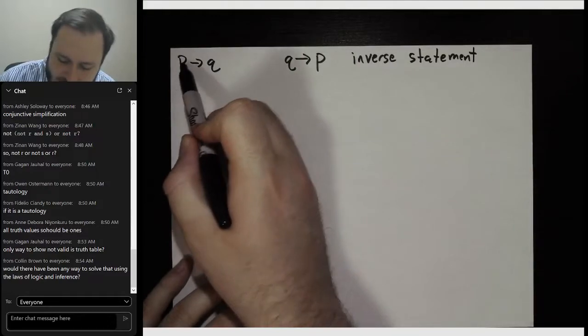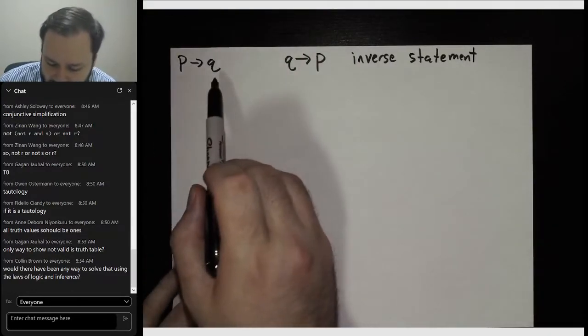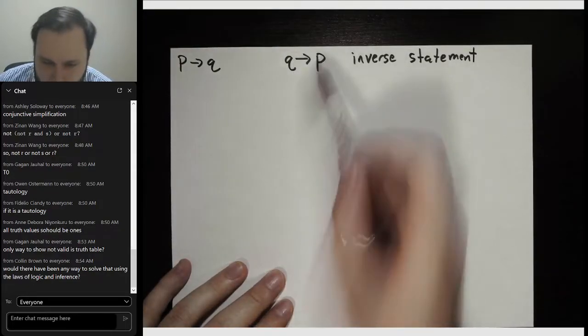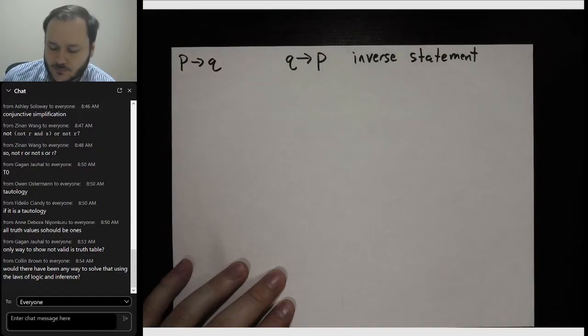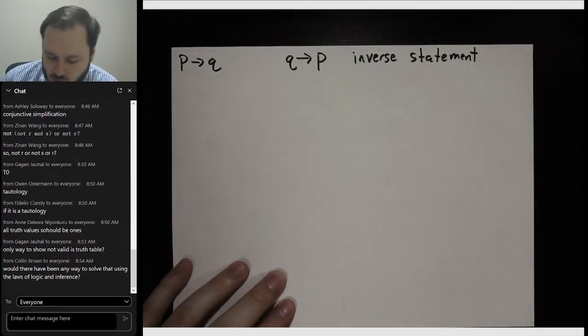If it rains, I will bring an umbrella. The inverse of that statement is, if I brought an umbrella, it rained. And a statement and its inverse are not equivalent to each other.